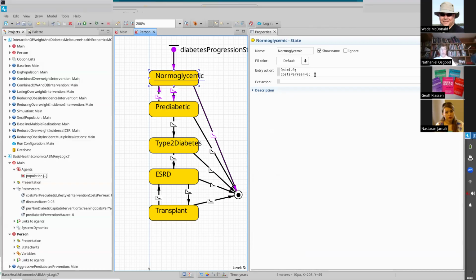That's quality of life. And a certain cost per year whilst in that state, whilst a person spends time in the state. So for each year that someone spends in the normal glycemic state, for example, there are no extra dollars. There are no dollars considered expended.